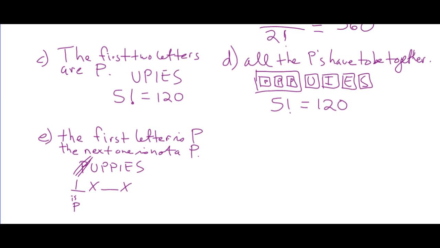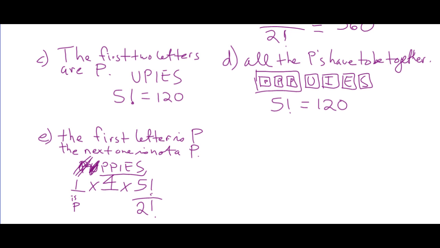There's really only one. We're taking one of the P's out. We have 4 choices for the second letter, right? Because we know it's got to be a U, an I, an E, or an S. Okay, can't be a P. And then, let's just take one of those out. Doesn't matter which one. How many letters are left? 1, 2, 3, 4, 5.